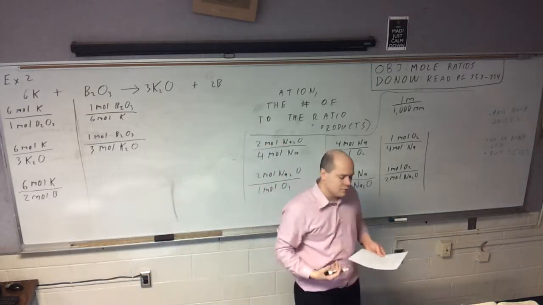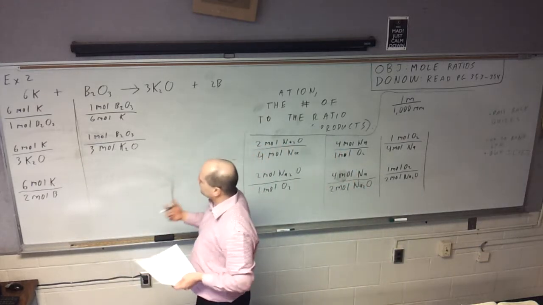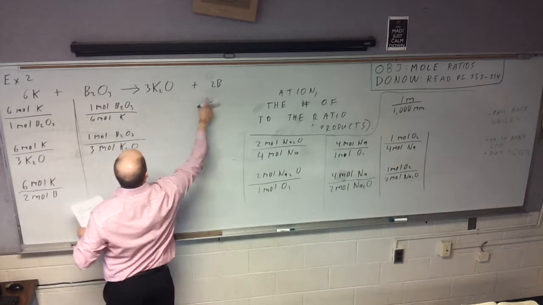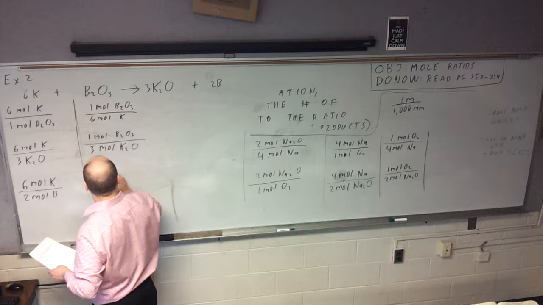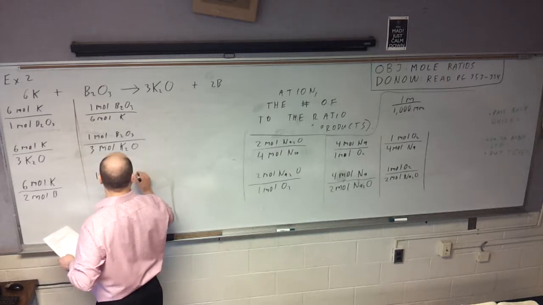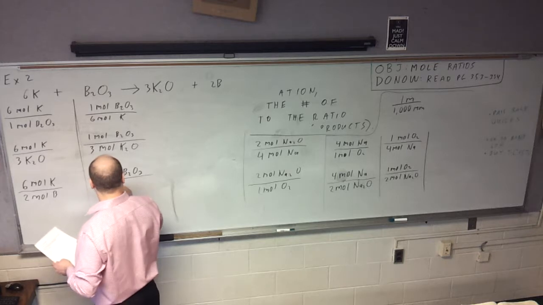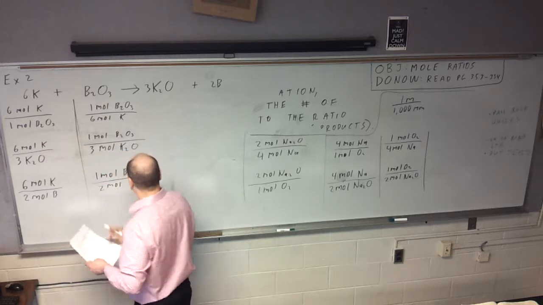And remember, tomorrow when we use these, whichever one you're trying to figure out is the one that you're going to put on top. This one to this one. So 1 mole of B2O3 over 2 moles of boron.